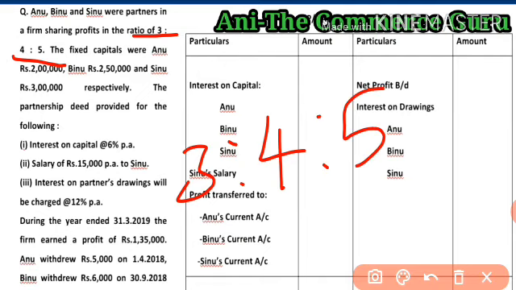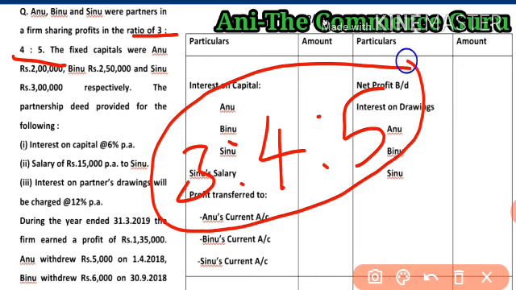You can read this one as 3 is to 4 is to 5, or you can read it like 3:4:5. It's up to you. So the profit share ratio among the partners also given there, 3:4:5.